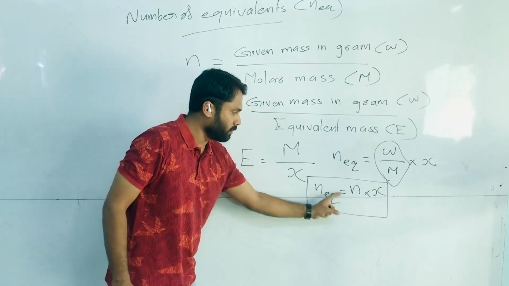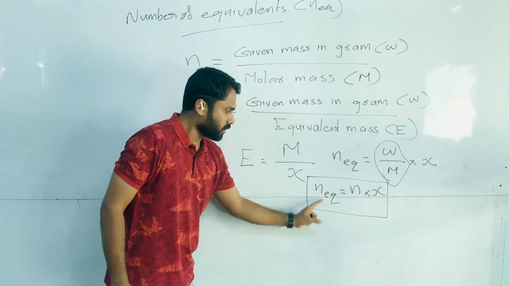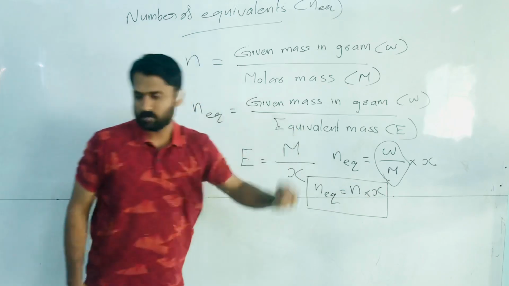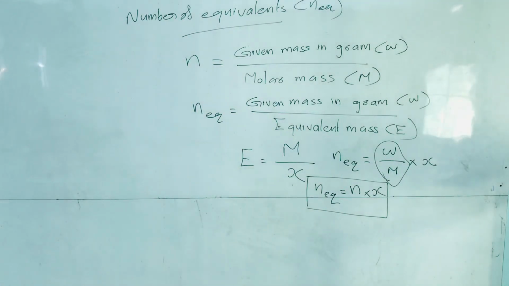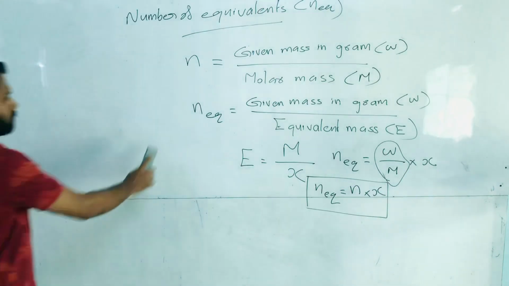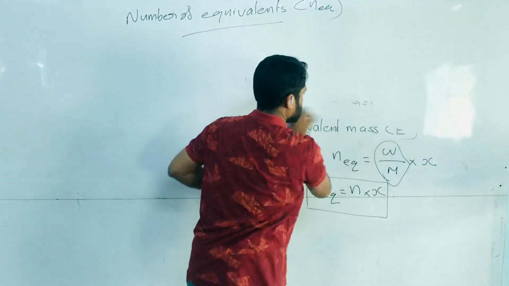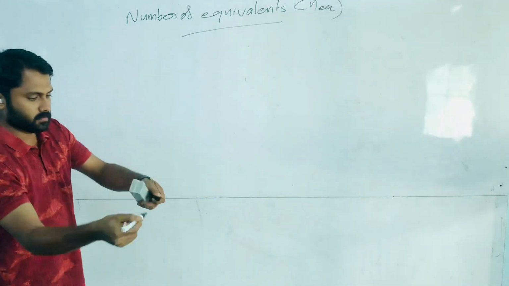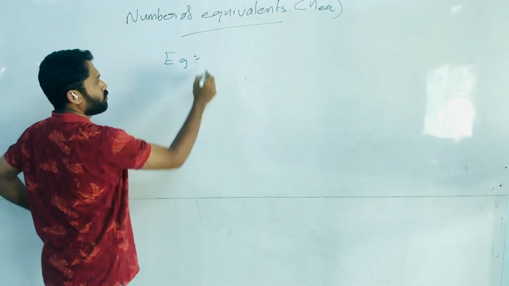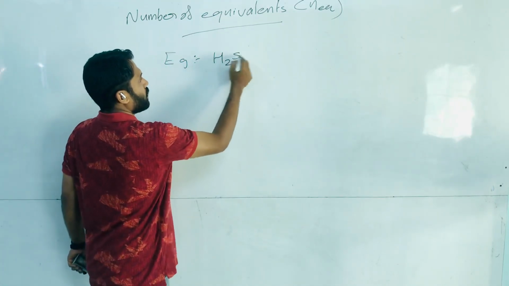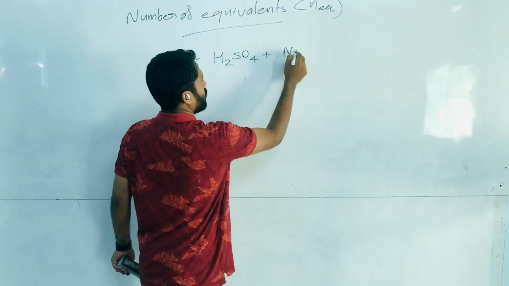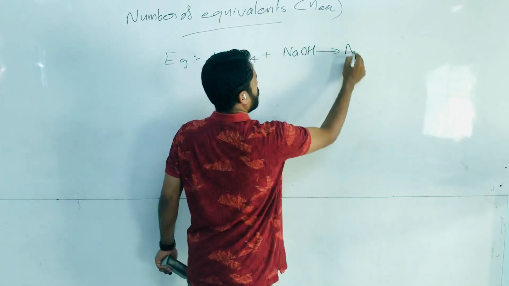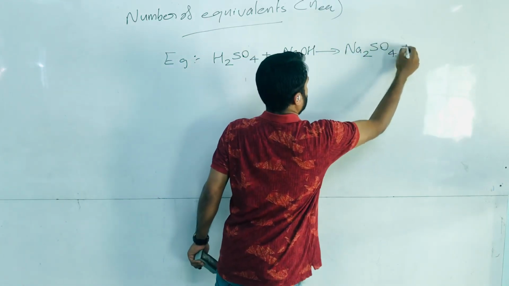We have the relation number of equivalents equals number of moles into X. For example, we use one very simple reaction: H2SO4 reacts with NaOH to form Na2SO4 and H2O.